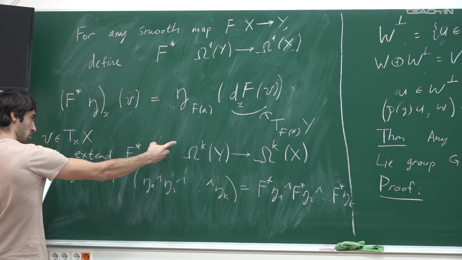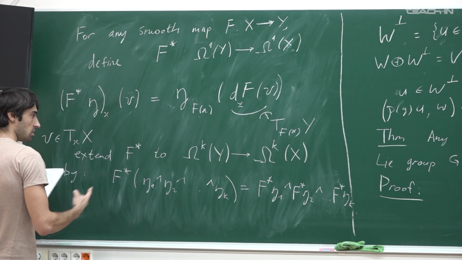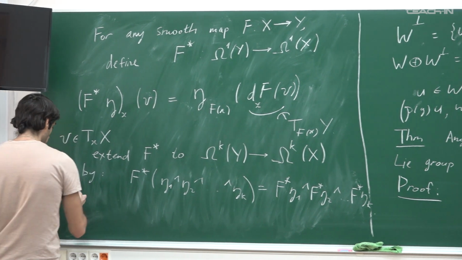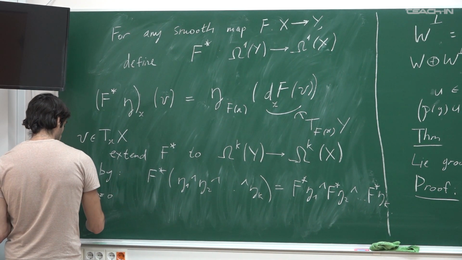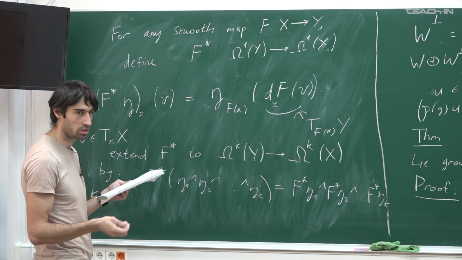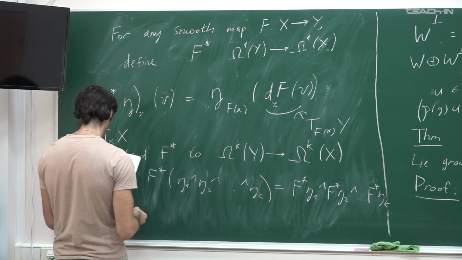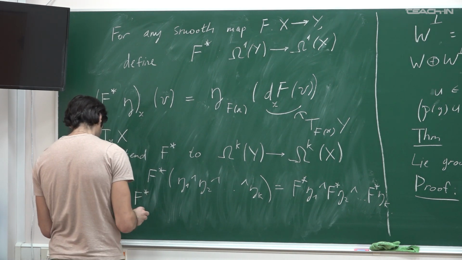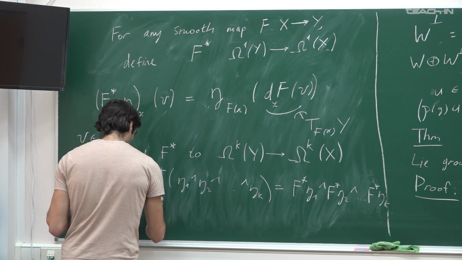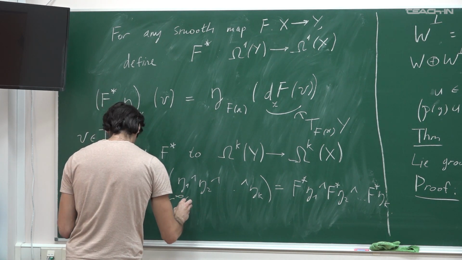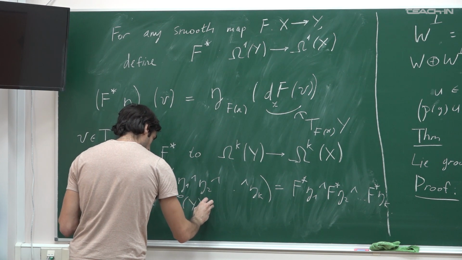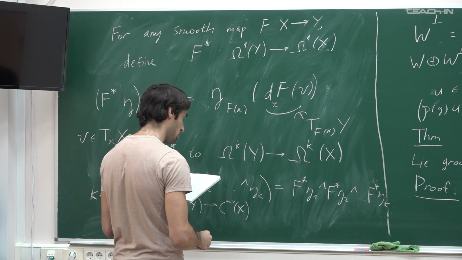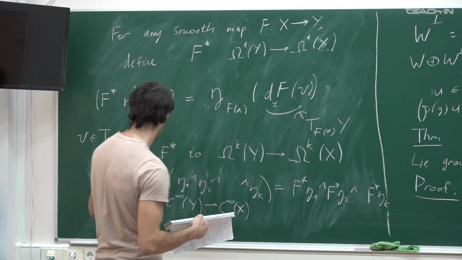And of course, I can also define it just for smooth functions on y and x. So if I take k equals 0, right, 0 forms are smooth functions. And we just can define f star that goes from C infinity of y to C infinity of x. You just compose your map. It's even easier.